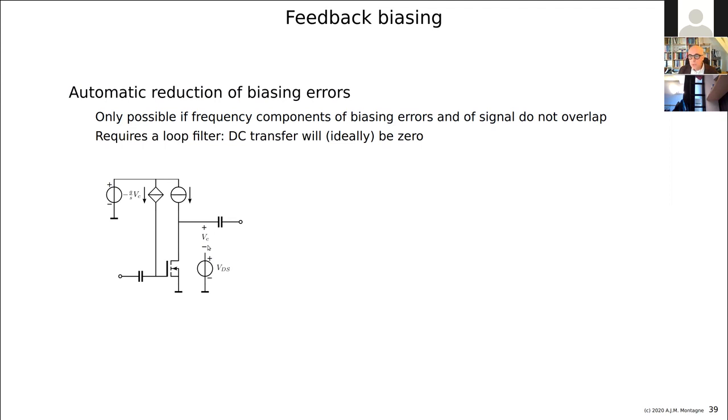And with this difference, we control a current source here. If the voltage drops, then we control this one so that it gives less current so that it rises again, etc. Negative feedback. And as you see, there's a filter, 1 over S, and a gain. And you can design the gain such that the frequency response is as desired.